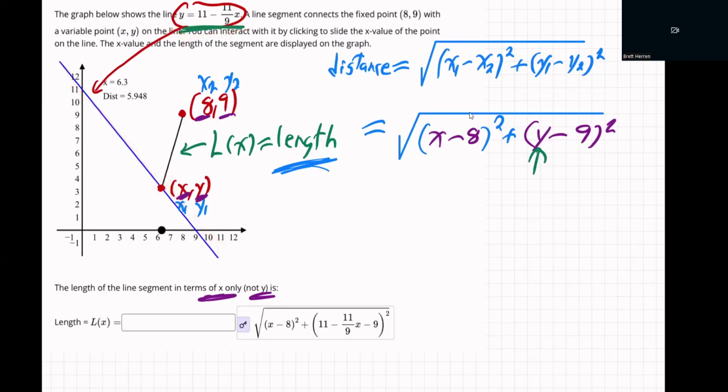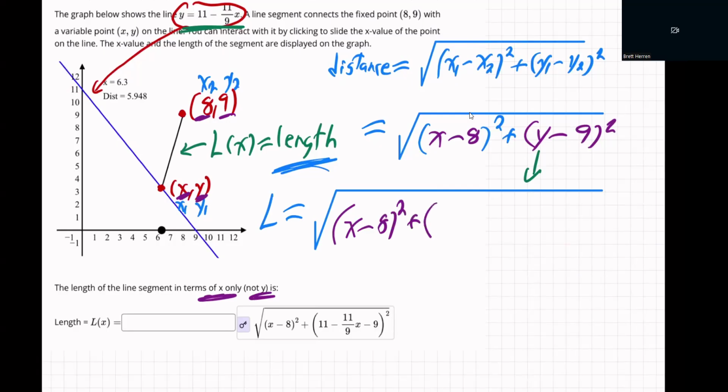In fact, let me do it the other way. I'll plug right in there for y. So the length L will equal the square root of x minus 8 squared plus, and then y will be right up here, I should say, 11 minus 11 ninths x.